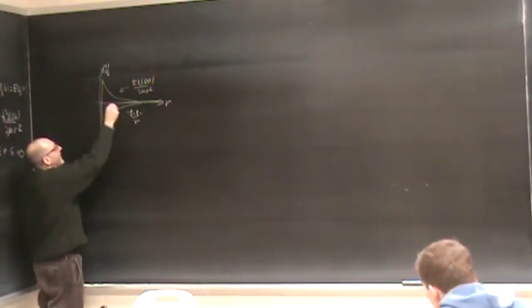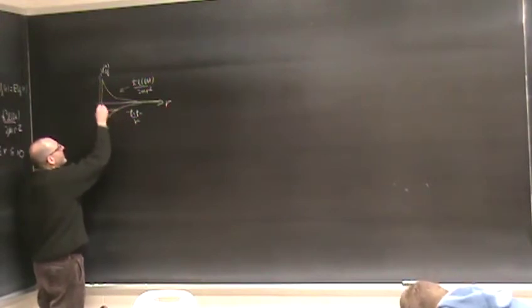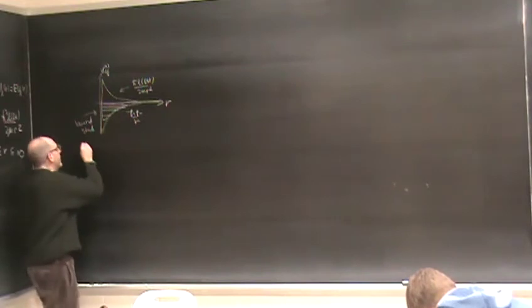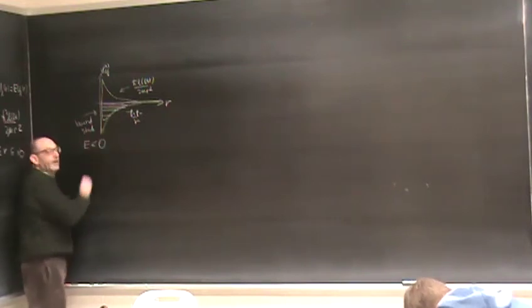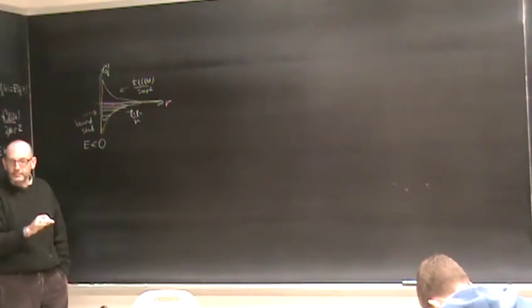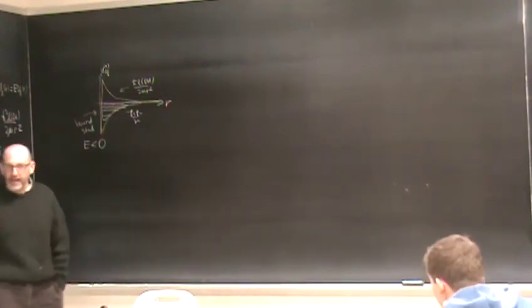And what we see here is that there are going to be bound states for E less than 0, the way we define our potential to be 0 at infinity. We can choose the zero of potential at anything we like.